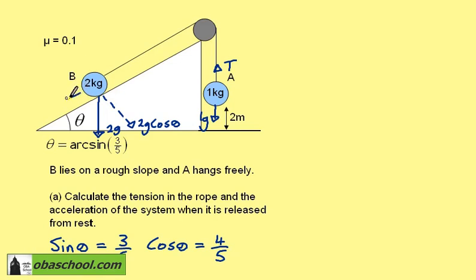Parallel, we will have the sine, so the force acting down this way will be 2G sine theta. We also have the tension pulling this way, and the reaction force perpendicular to the surface. We can now ignore the weight since its components have the same effect.